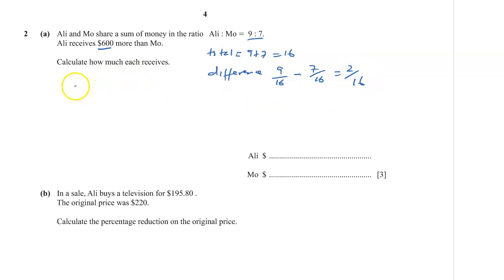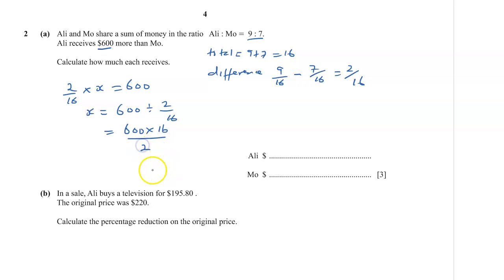And therefore, 2 over 16 times x will be 600. So x is equal to 600 divided by 2 over 16, which is 600 times 16 divided by 2.